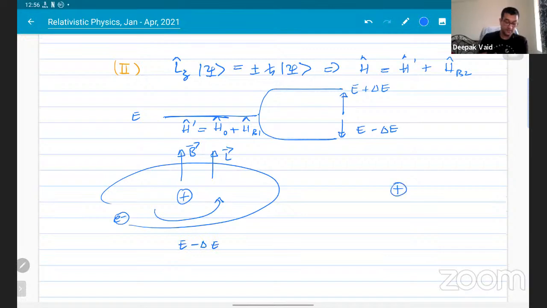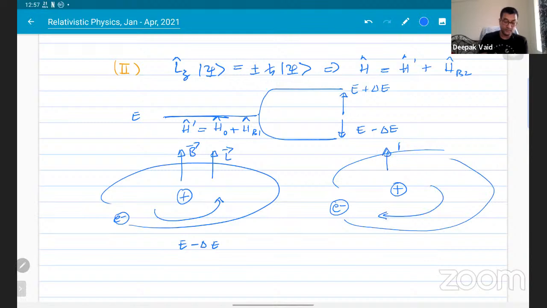And the other direction, you would get E plus delta E. Right? So this is the source of the Zeeman splitting of the spectral line.